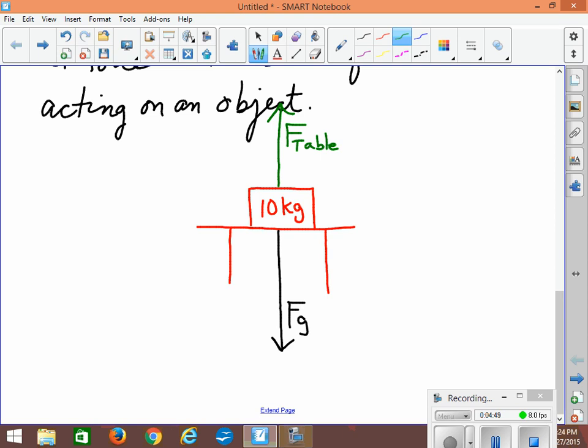But there could be other forces as well. Perhaps somebody is pulling or pushing the box. Usually when we draw pictures, we always draw it pulling, because pushing and pulling can be the same thing. And so we'll call this the applied force. And the applied force would be something trying to move the box.